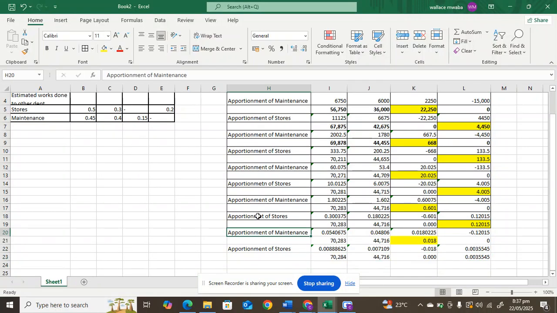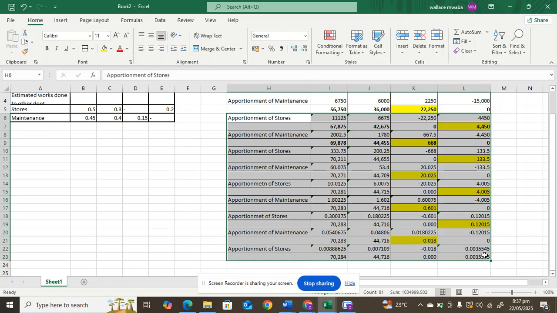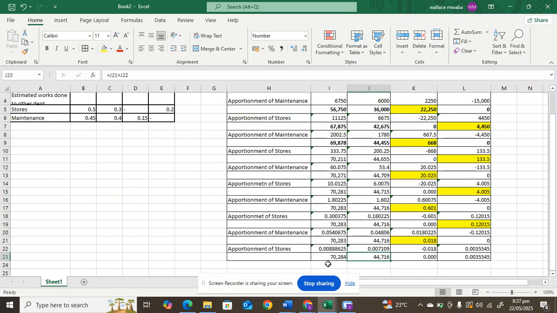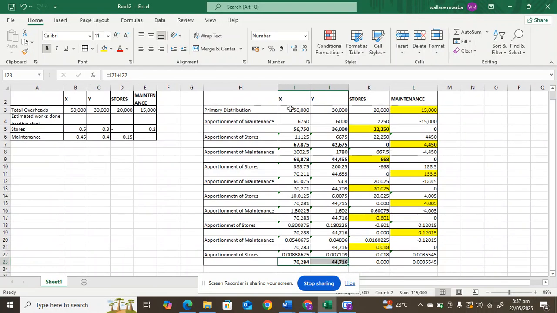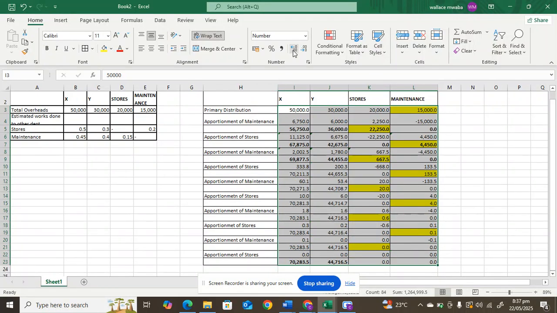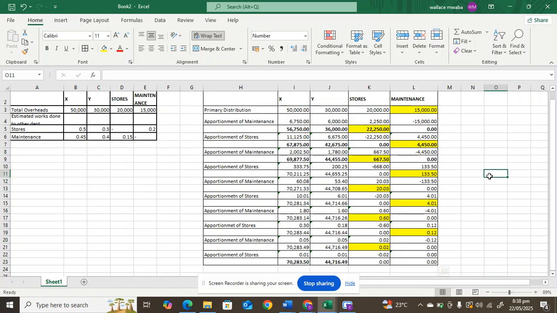All right. So these are the new overheads for Department X and department Y, 70,284 and 44,760. Now let me just change the decimal places to two decimal places, because we would have ended, I think, even earlier if we put it to two decimal places. Okay, if we put it to two decimal places, yes, we can end it here.